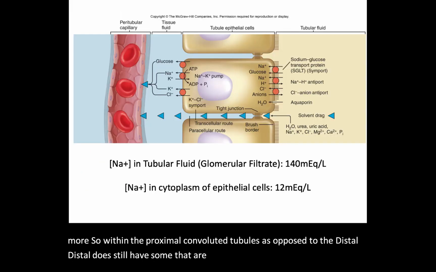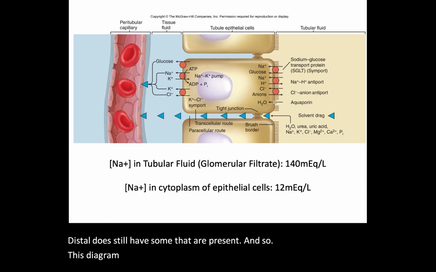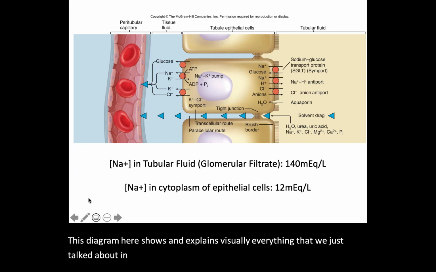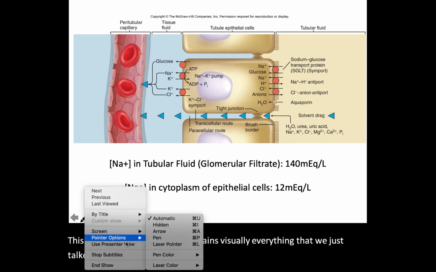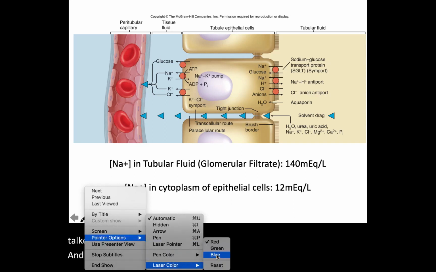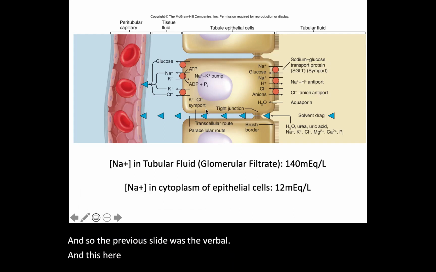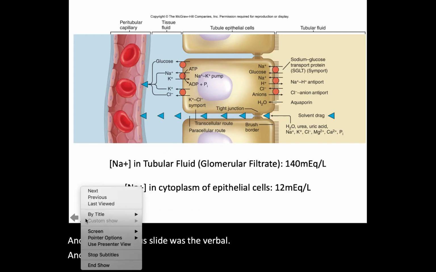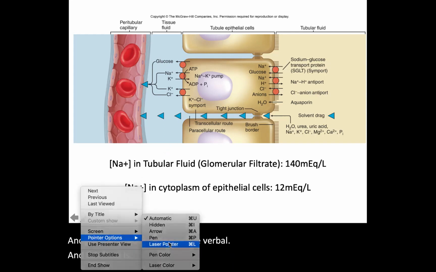And so this diagram here shows and explains visually everything that we just talked about in the previous slide. And so the previous slide was the verbal, and this here is the visual.